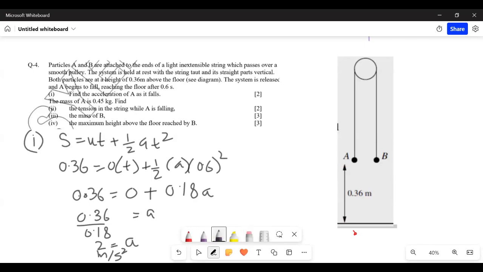Okay, so अब A पे कौन कौन सी फोर्सेस एक्ट कर रही हैं मुझे बताएं। मिस, वेट होगा 4.5 न्यूटन। हाँ ठीक है, 4.5 न्यूटन वेट है। और कौन सी फोर्स एक्ट कर रही है A पे? जो B के साथ कनेक्टेड है, वो अपवर्ड फोर्स होगी। हाँ तो वो क्या होगी, टेंशन, ये T है। ठीक है। और ये A डाउनवर्ड मूव कर रहा है तो इसकी इक्वेशन कैसे बनेगी?